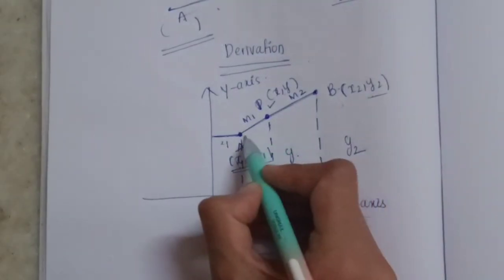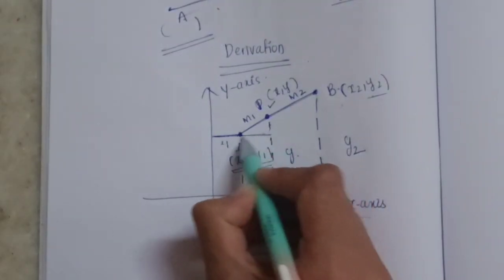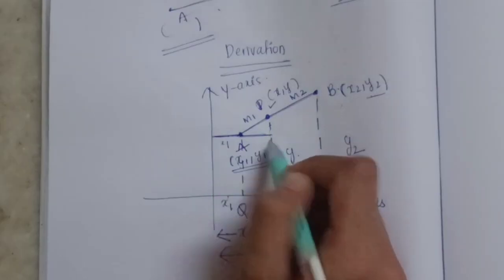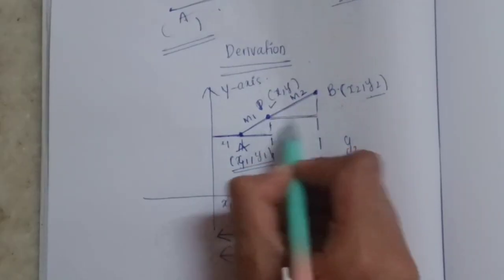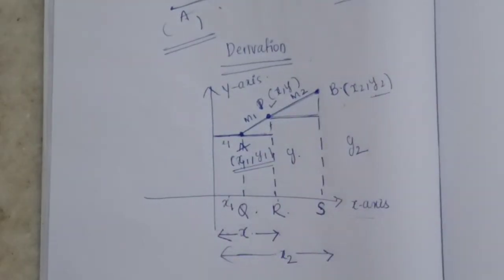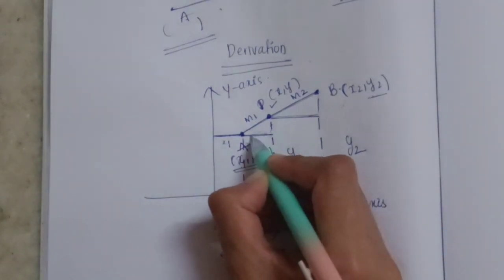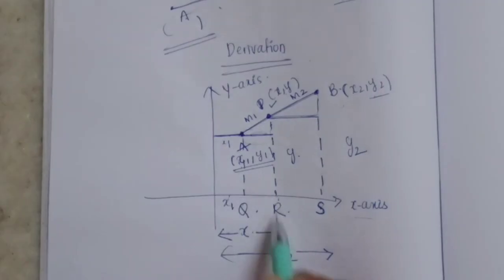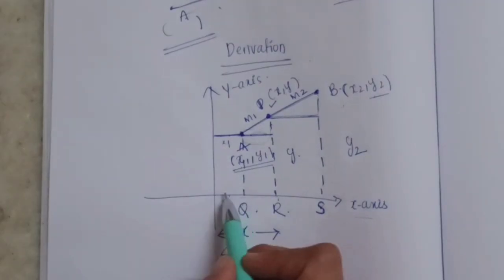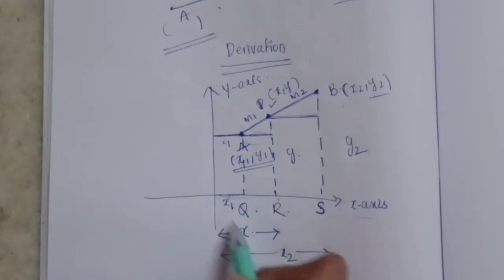Now let us draw a line parallel to the x-axis here, and here also parallel to the x-axis. Now let us find out the lengths. This whole length is x, and this length is x1.